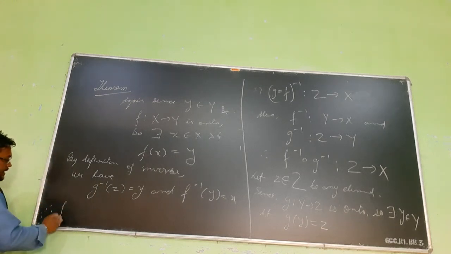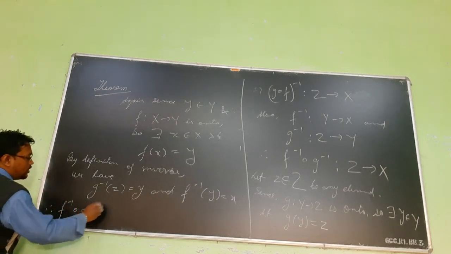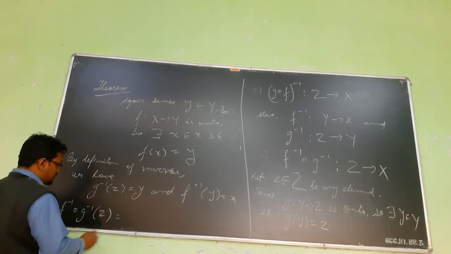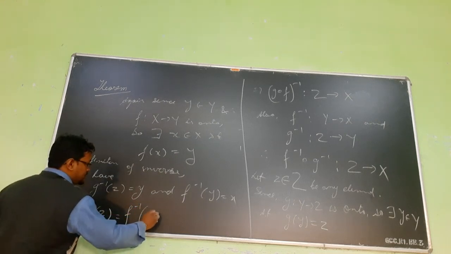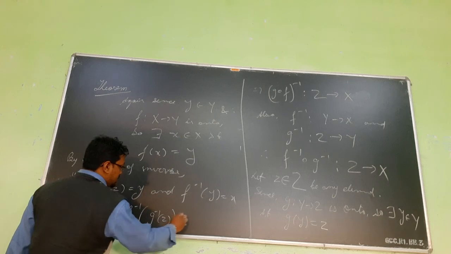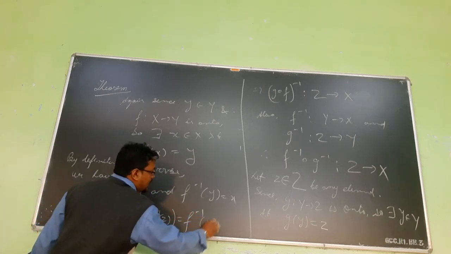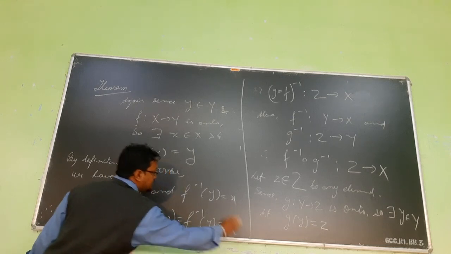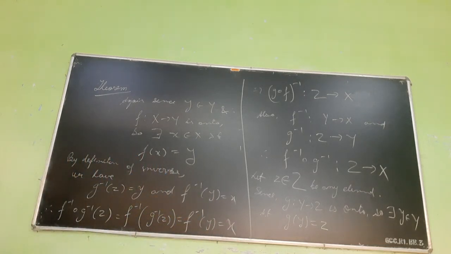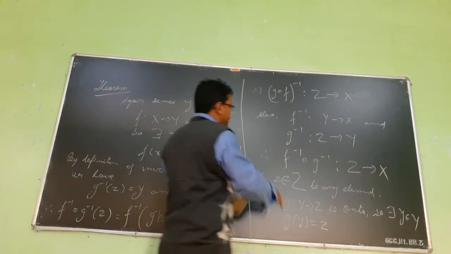So therefore what is (f inverse ∘ g inverse) of z? This is equal to f inverse of g inverse of z, which is equal to f inverse of y, since g inverse of z is y, and f inverse of y is again x. And what is (g∘f) whole inverse of z? That way we can do it.